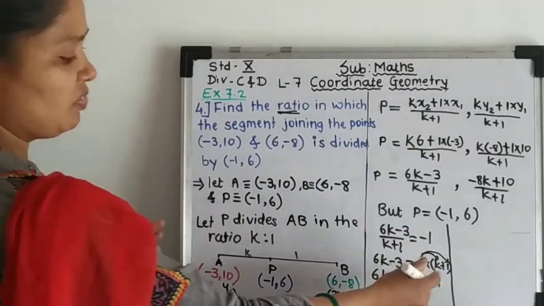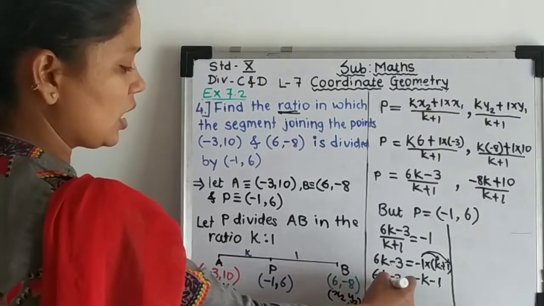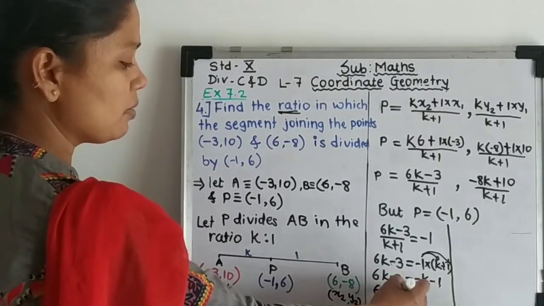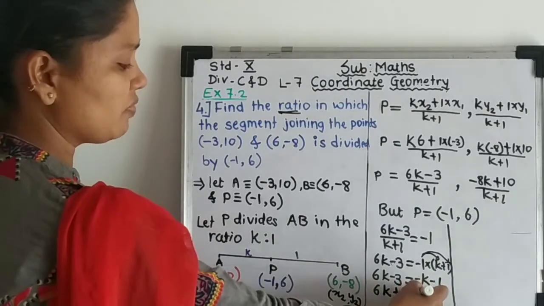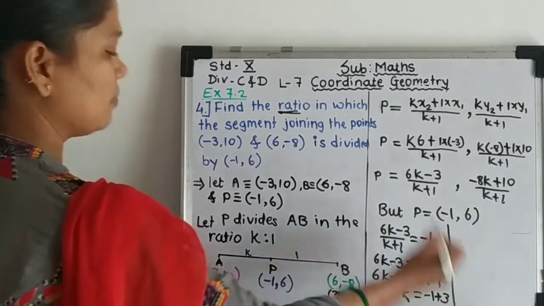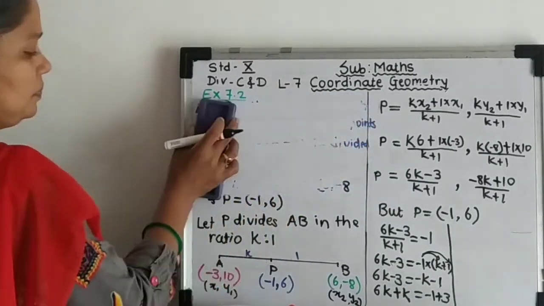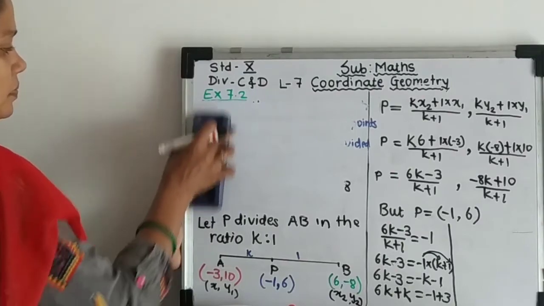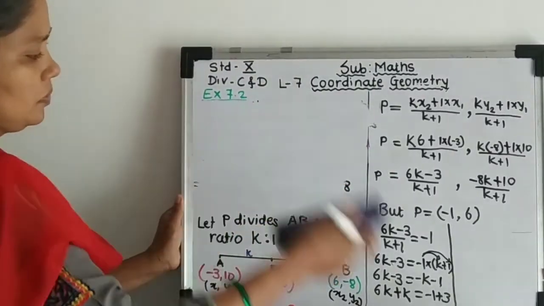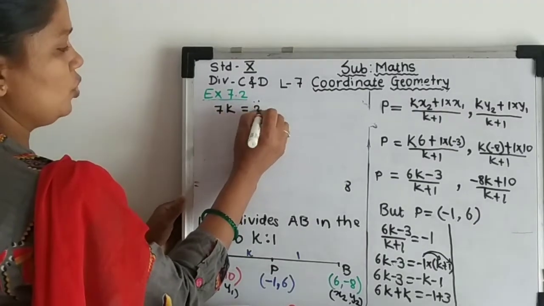Now shift that k towards the left side. So 6k minus k becomes plus k, and minus 3 shifted towards the right side. So minus 1 plus 3. Okay. So we will have here 7k equals to 2.